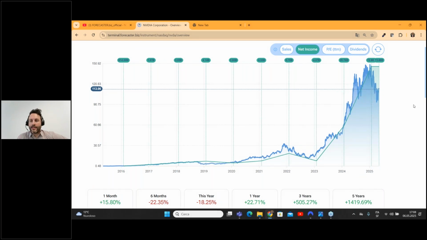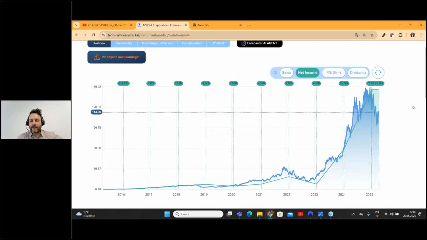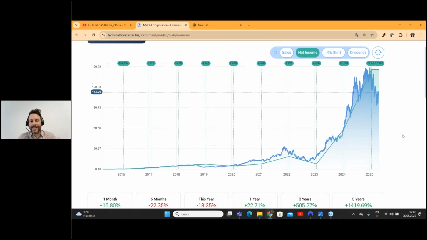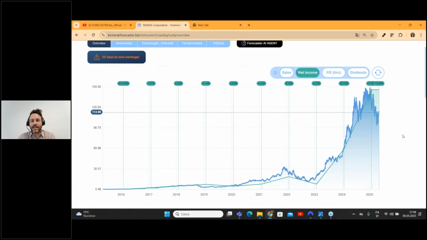This is why we can definitely say that stock prices are driven by the company's results. And this is really interesting, because in the long run it tells us exactly where the company will be, probably.